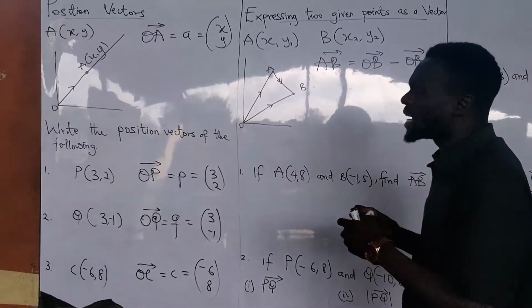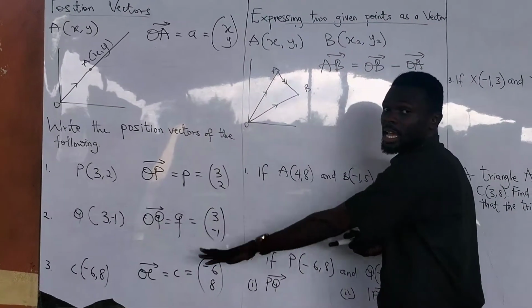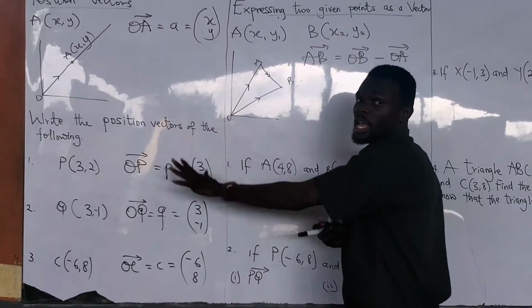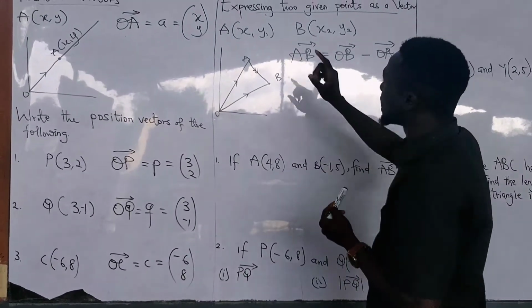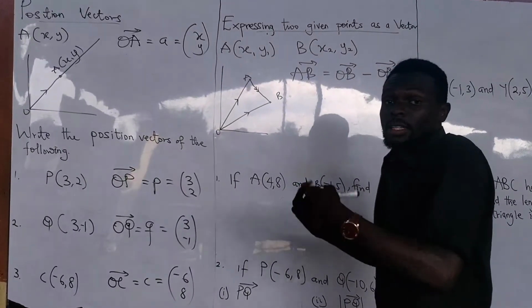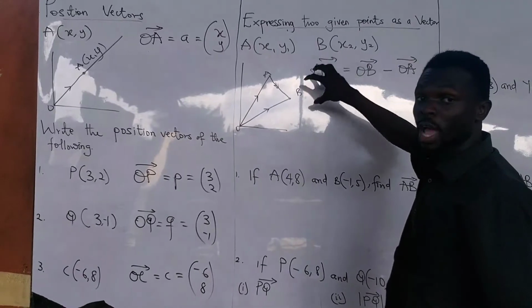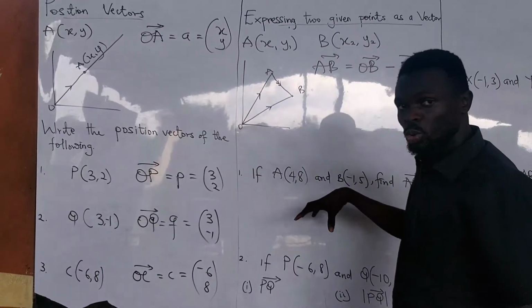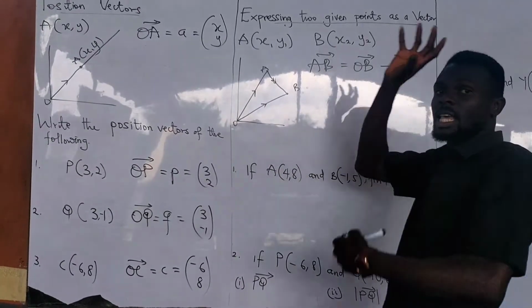And you will notice that this OB and OA is equal to what we started here, where we change a point to a vector. So if I am to express these 2 points as a vector, I'm going to subtract the first point from the second point.